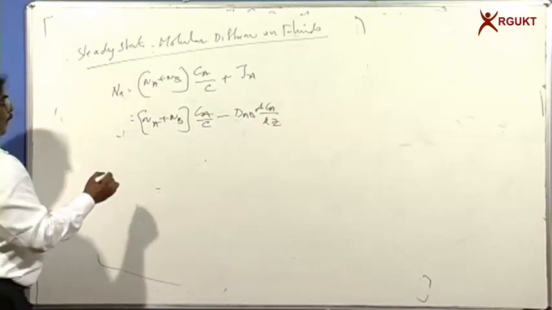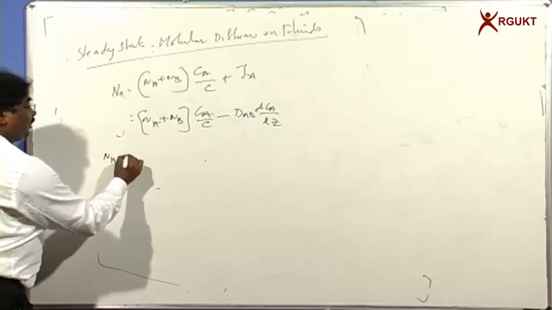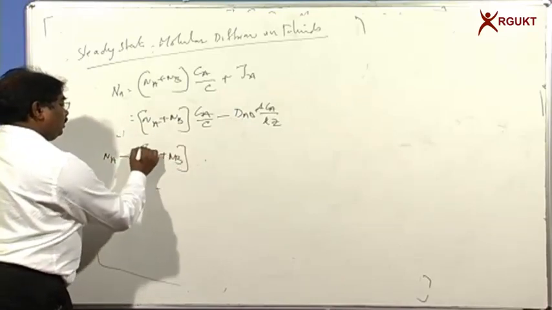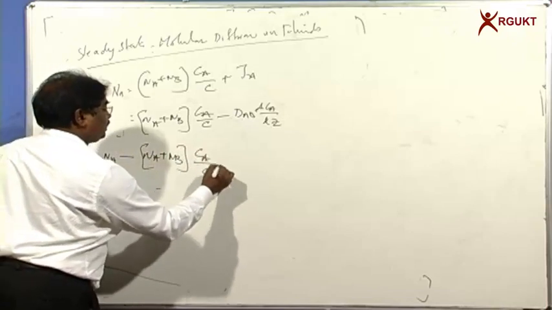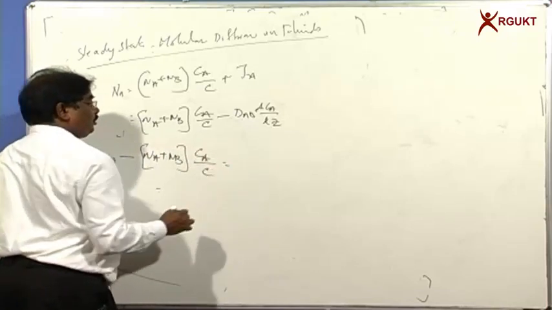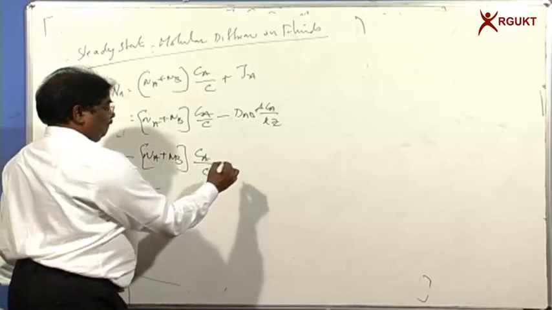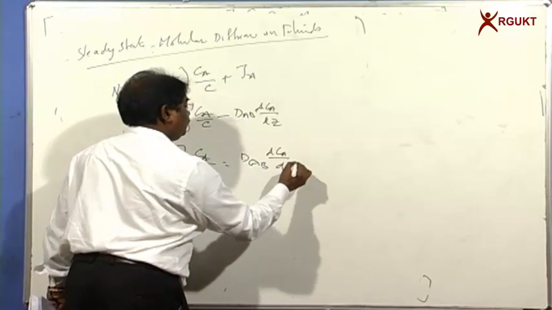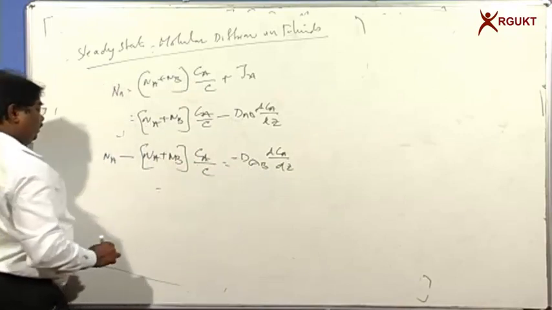Now N_A minus (N_A plus N_B) C_A/C is equal to D_AB into dC_A/dz. This is going to become a negative sign.